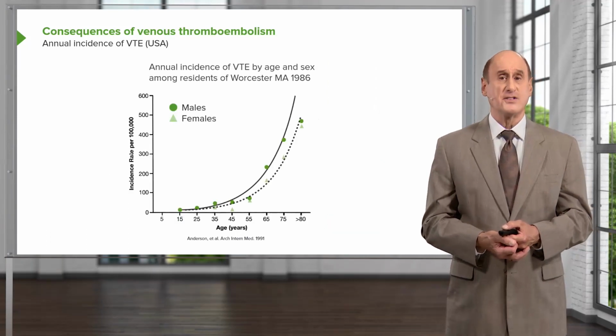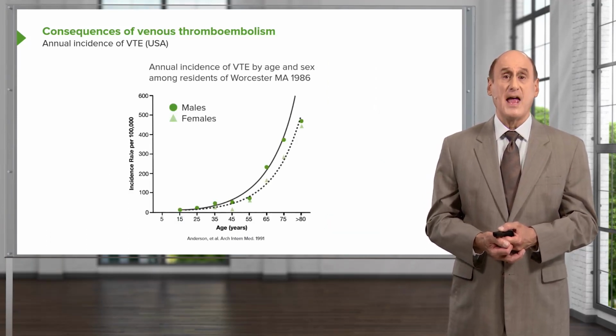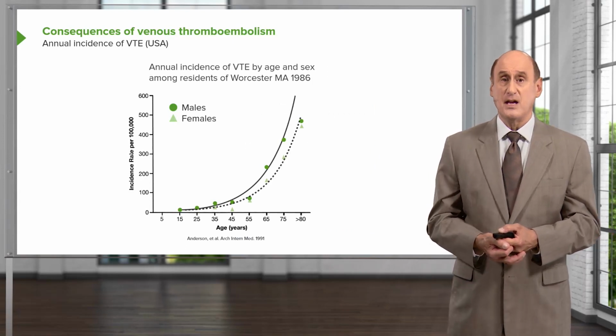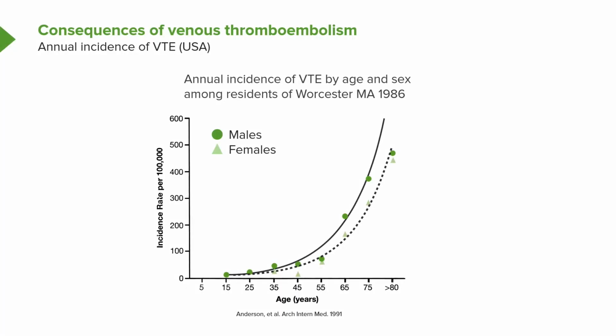And the annual incidence of venous thromboembolism increases by age and sex, as you can see in the graph, particularly as patients get above age 55 to 65, there's a marked increase in venous thromboembolism. Males a little more than females, but not very much difference. Again, a huge increase. This data comes from the Worcester Vein Study in Worcester, Massachusetts. The University of Massachusetts Medical Center has been studying all cases of DVT-PE in Worcester County over many years.